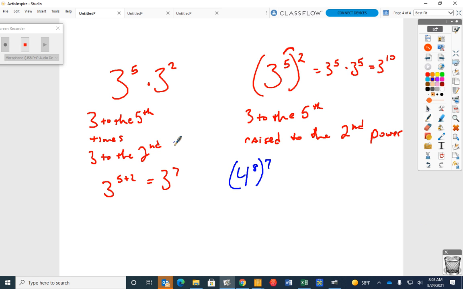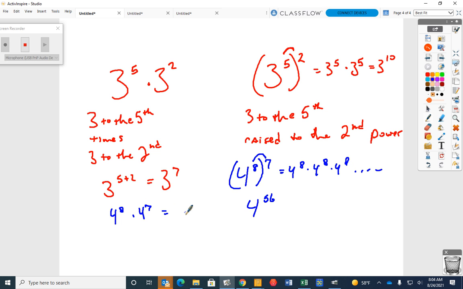Okay? Does that make sense? So rather than write that out, 4 to the 8th times 4 to the 8th times 4 to the 8th, and so on, rather than write that out, what do you think I can do with these two exponents? I can multiply them, and that's going to give me what? 4 to the 56th power. Okay? Do you understand how this is different than if I was multiplying 4 to the 8th times 4 to the 7th?